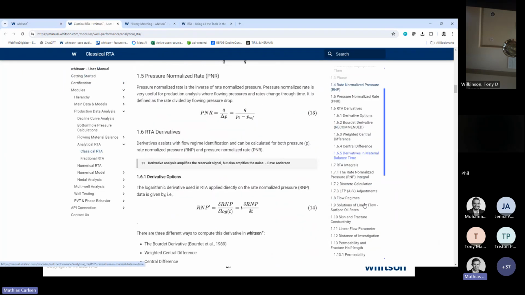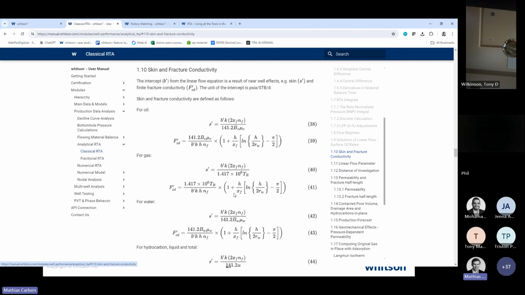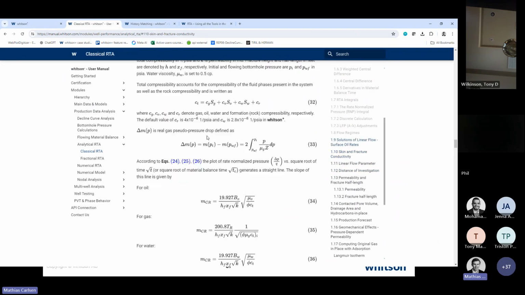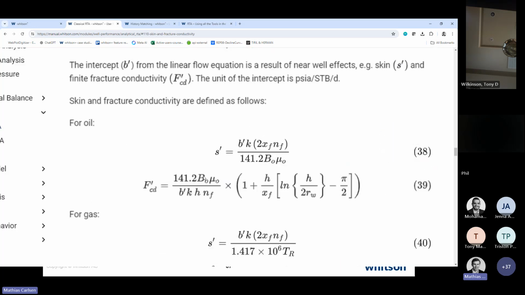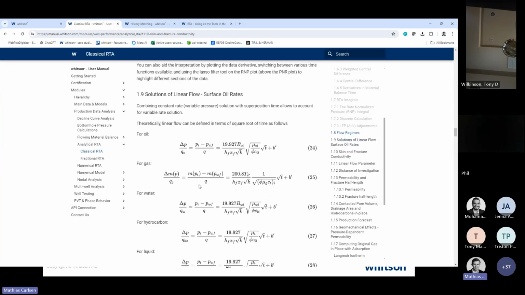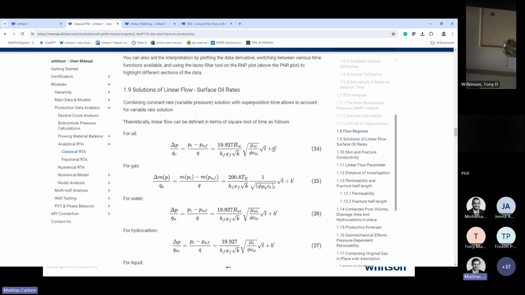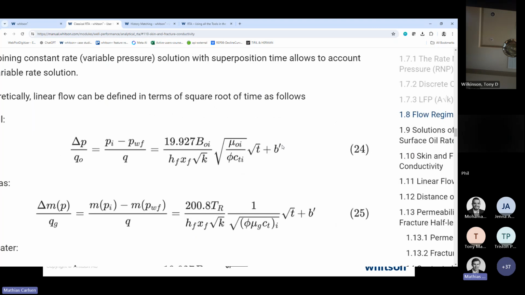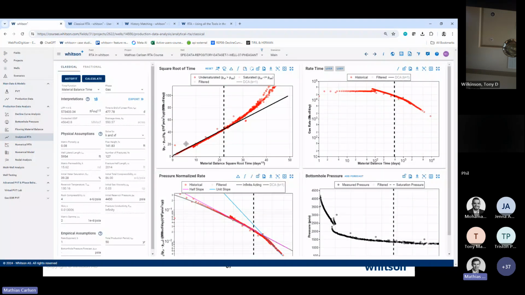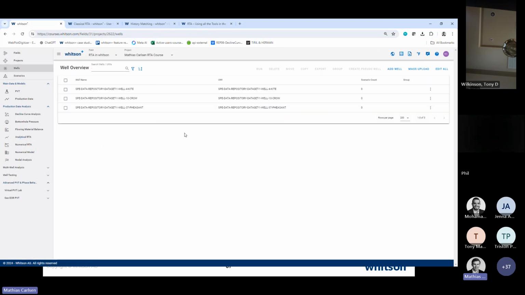If you look at skin and fracture conductivity, that intercept on the y-axis, that's this B parameter right here, and it's just plugged directly into these equations that you see right here. Okay, and this is the equation where this intercept is the intercept that we were looking at here on the y-axis. We're good. We're going to take a 14-minute break, and we'll be back to do 2 more wells after the break, and that will be the course for today.